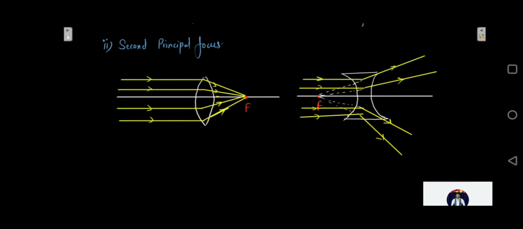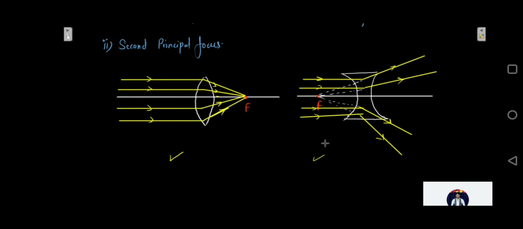So what is the second principal focus? It is the fixed point on the principal axis such that the light rays incident parallel to the principal axis, after refraction through the lens, either converge, in case of a convex lens, or appear to diverge, in case of a concave lens.